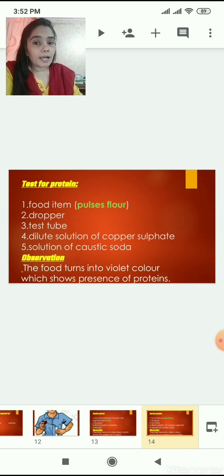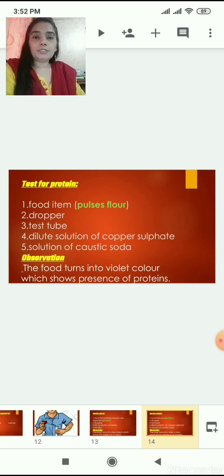Yes, this time the food turned into which color? A violet color. So this violet color indicates the presence of proteins in the food item.